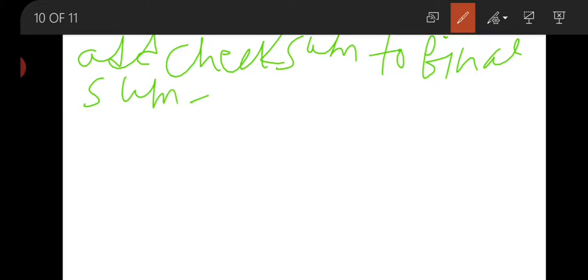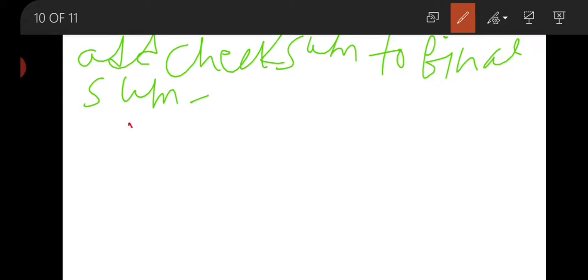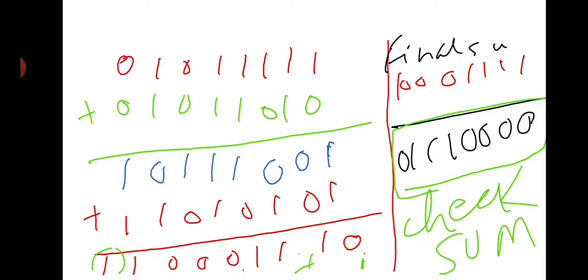That means your final sum is 1, 0, 0, 0, 1, 1, 1, 1, 1, and what is your checksum? Now see, your checksum is 0, triple 1, and 4 times 0.